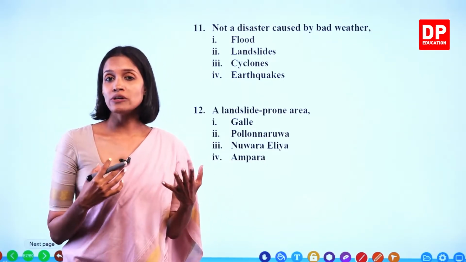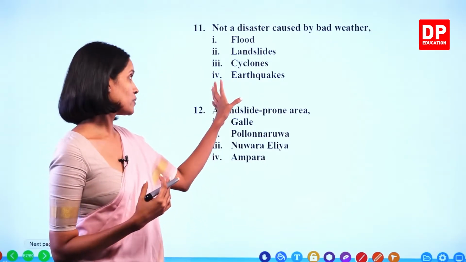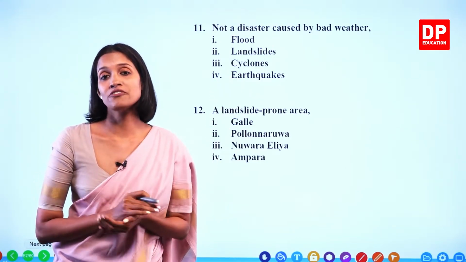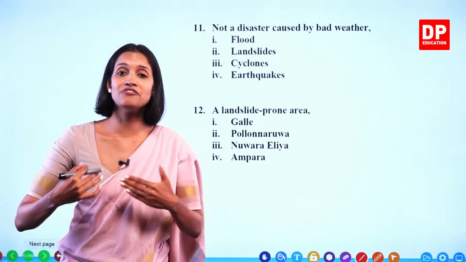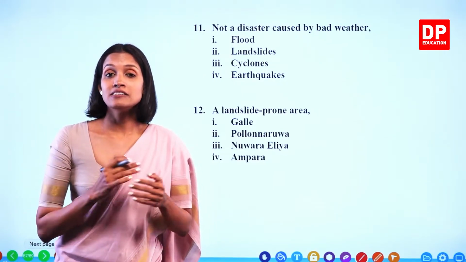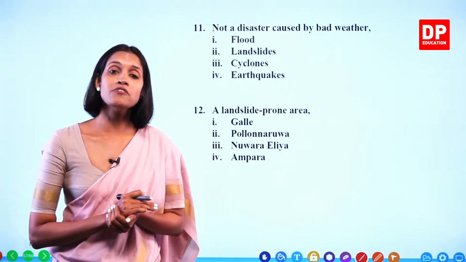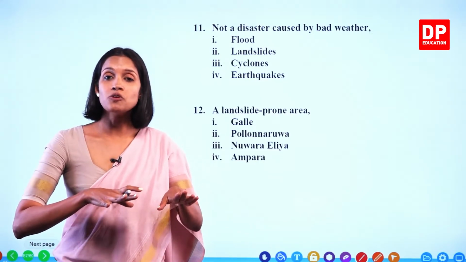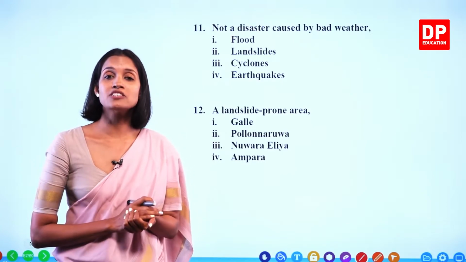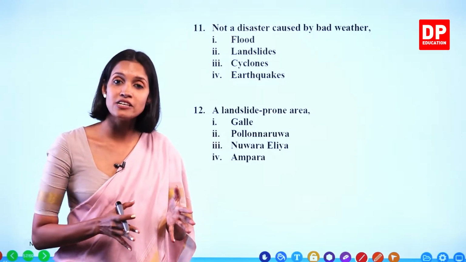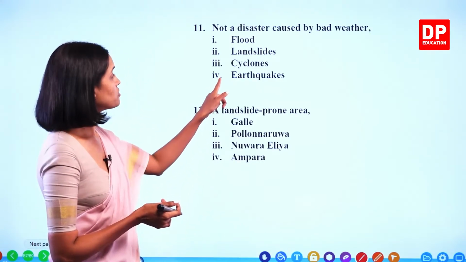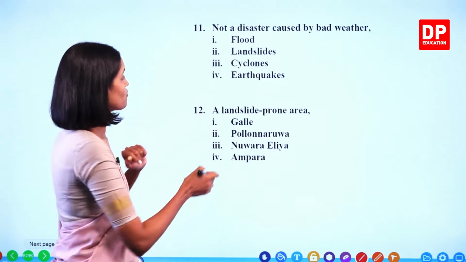Now you all are going to learn in grade 7 that earthquakes occur because of the movement of certain parts of the earth. Now earth has different layers, and the earth is made up of something called tectonic plates. Now these plates move relative to each other, and because of the movement of different layers of the earth, earthquakes might occur. Right? Therefore, this is not caused by bad weather.